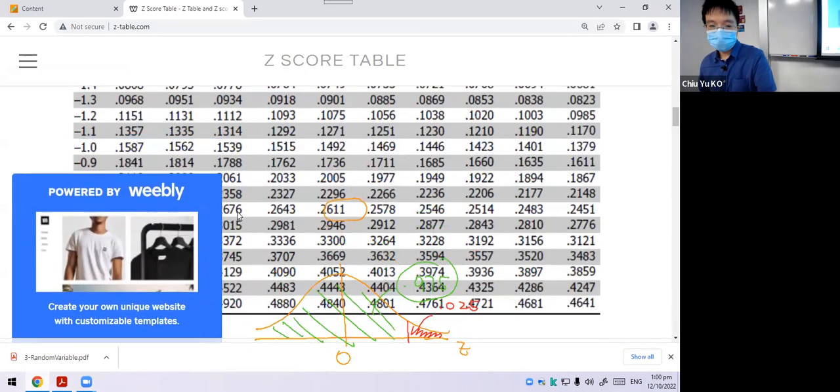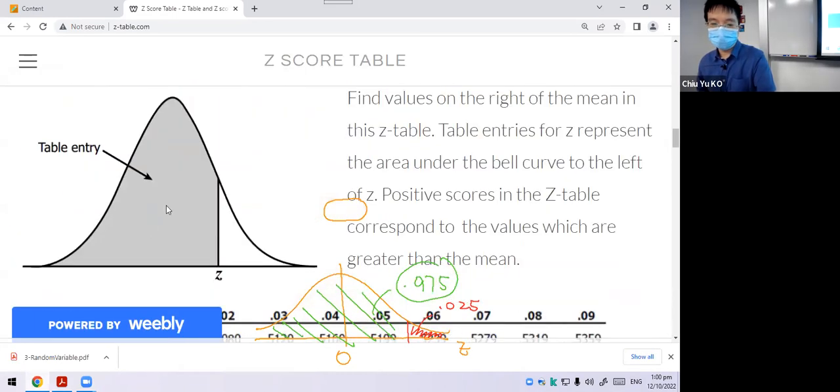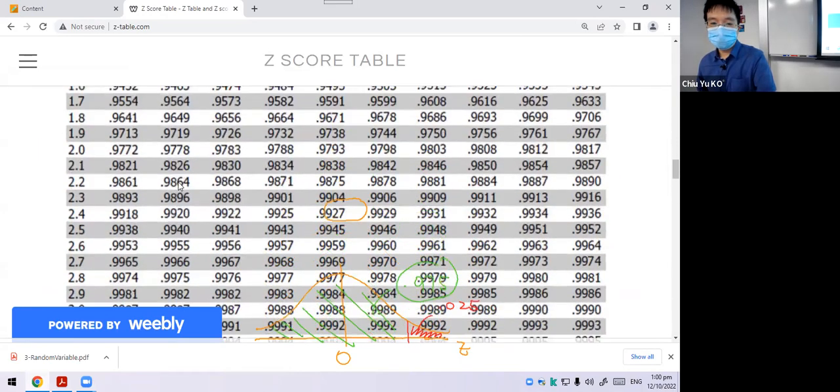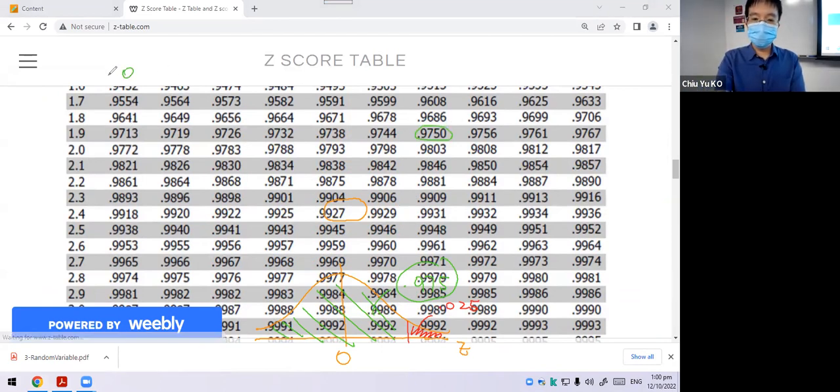Let's look at the positive table. I'm not going to check the negative one again. Look at 0.975. Somewhere is exactly this one. This is 1.90, 1.91, 1.92, 1.93, 1.94, 1.95, 1.96.